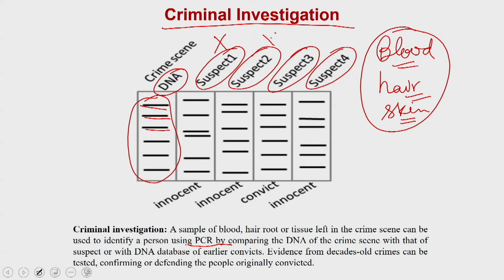Similarly, for suspect 2, the pattern is not matching, and suspect 4 is also not matching. But suspect 3 is showing a DNA pattern which is exactly matching the DNA from the crime scene, which means this particular person is the potential convict who probably did this crime.